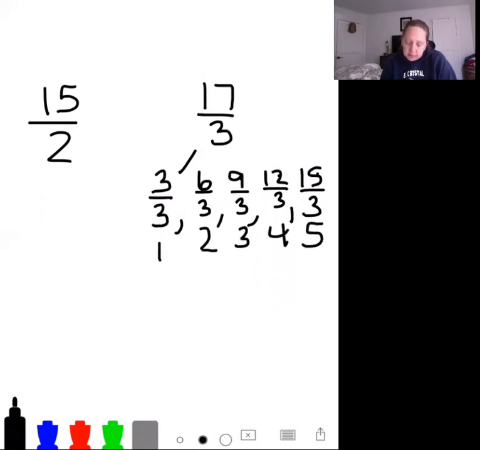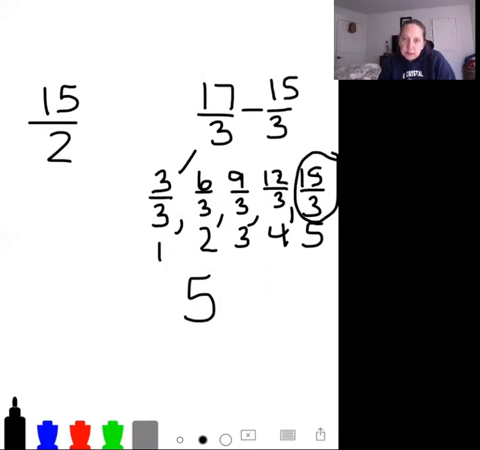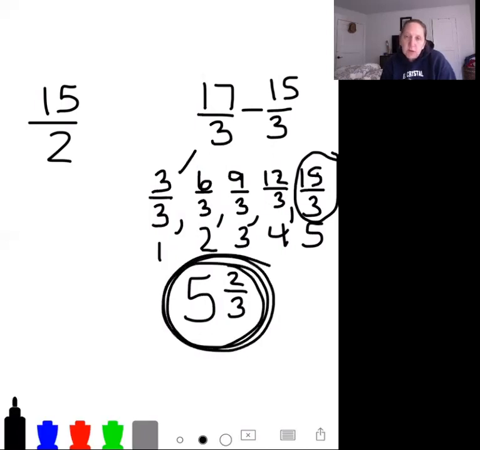So I know that this is going to have a whole of 5. If I had 15/3 and I subtract it from 17/3, you're going to have a remainder of, or what's left over as, 2/3. So 5 and 2/3 is going to be your answer. This one I was doing skip counting.